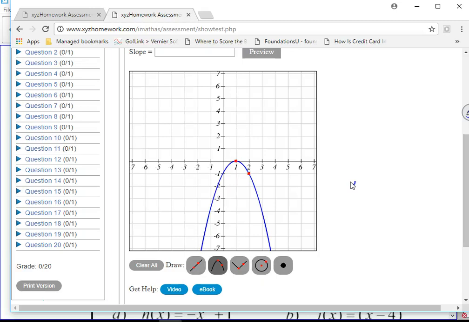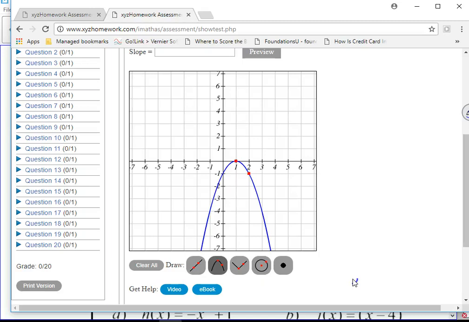The a is 1. So that means it's going to have the same shape. Remember, we start at the vertex. If it's the same shape as the parent function, it's over 1, up 1. But since we're opening down, that's over 1, down 1. And that is good enough for the XYZ homework.